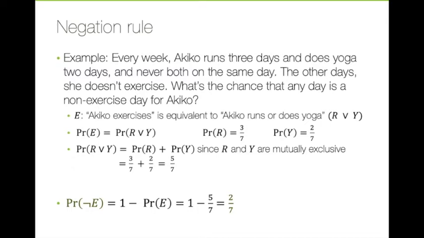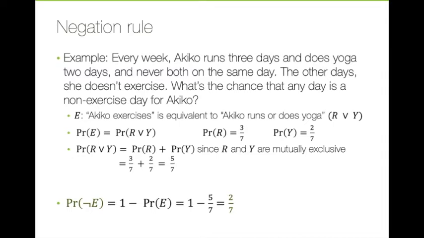First, we need to determine the chance that any day is an exercise day. So we'll call that statement E for Akiko exercises. Well, because that sentence is true in all the same circumstances as the sentence Akiko runs or does yoga, those 2 sentences are factually equivalent.